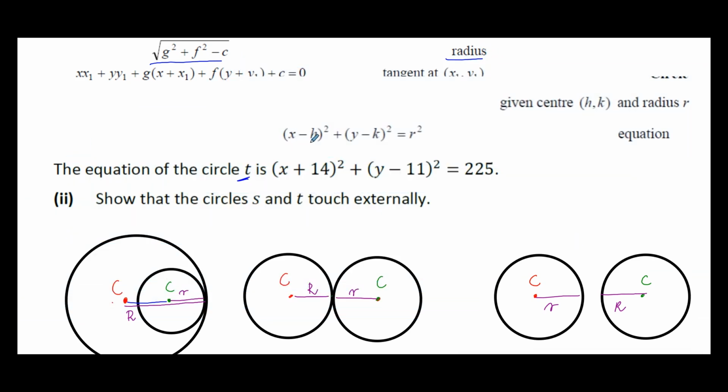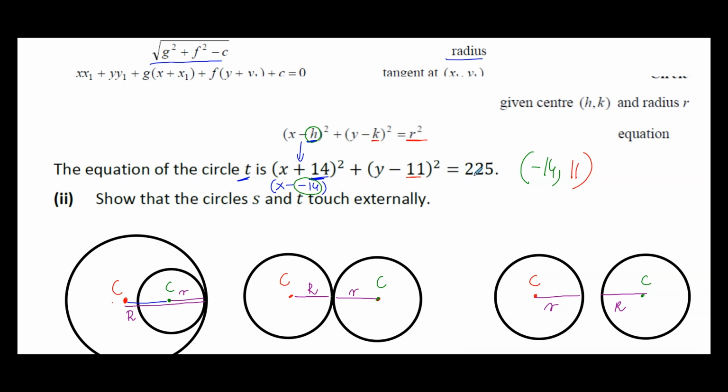And then h is the number that stands in the bracket together with x. However, it should be minus, and it is plus. How is that possible? Because we had minus 14 that turned to plus. So that means that is the value of h. So that's my center, minus 14. And then again, I'm looking at k here, 11, that's fine. So it's 11.